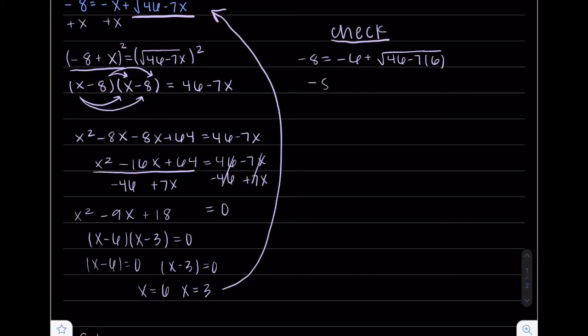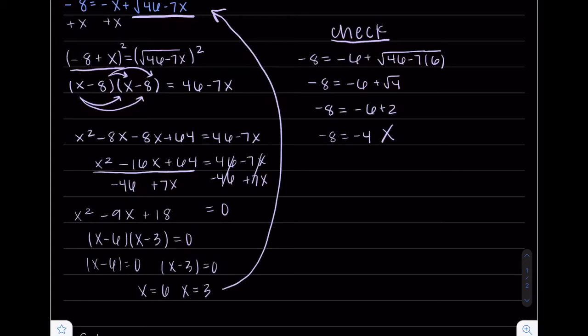You're going to get -8 equals -6 plus radical 4. Get -8 equals -6 plus 2, but that's -8 equals -4, and that's not true. So x equals 6 is not an answer.